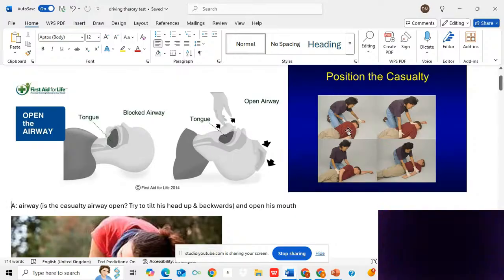And you can also put the casualty in the recovery position if there's a kind of blood in his mouth or something. So this recovery position will keep his mouth clear of any material, and will keep him breathing normally.